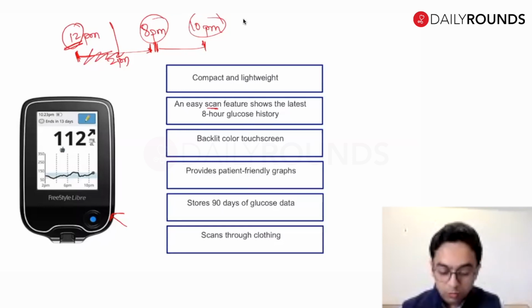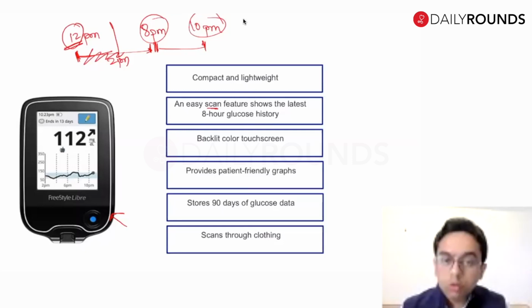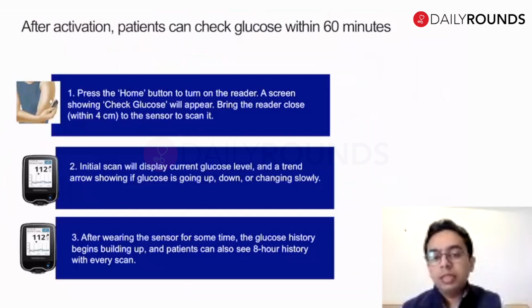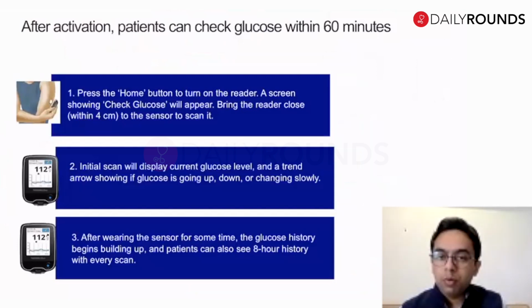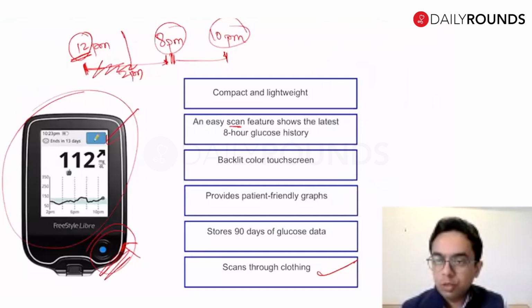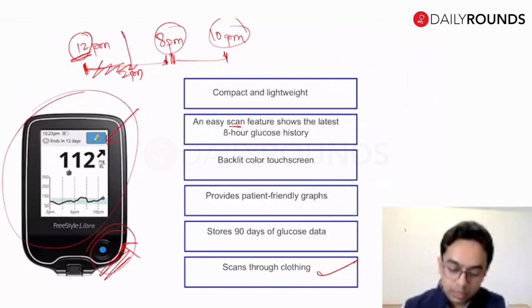There is a touch screen, and I'll tell you all those features here. Once the sensor is activated, approximately 60 minutes after you apply it, when you need to check the blood sugar, you just press this single button. It will tell you to check blood sugar, and you bring this reader near your sensor, and it will give you a reading.